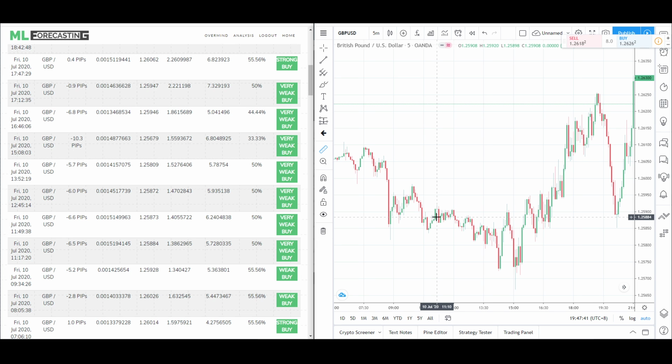All very weaks and losses. And 9.34 is the next one. So around about here. 25884. A little bit down. 9.3, definitely going to be out of that one. So that was a weak, slightly stronger.